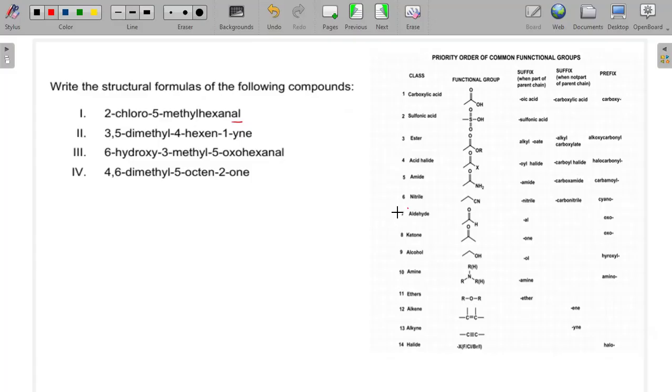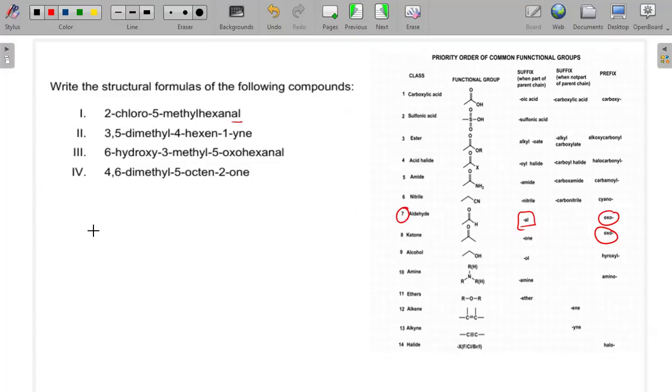So when an aldehyde is a parent name, it carries -al as the suffix name, and when it's a substituent, it carries oxo, just like a ketone also carries oxo. That's their prefix name. Since we have hexanal there, it means that it's a 6-carbon chain with an aldehyde as a functional group.